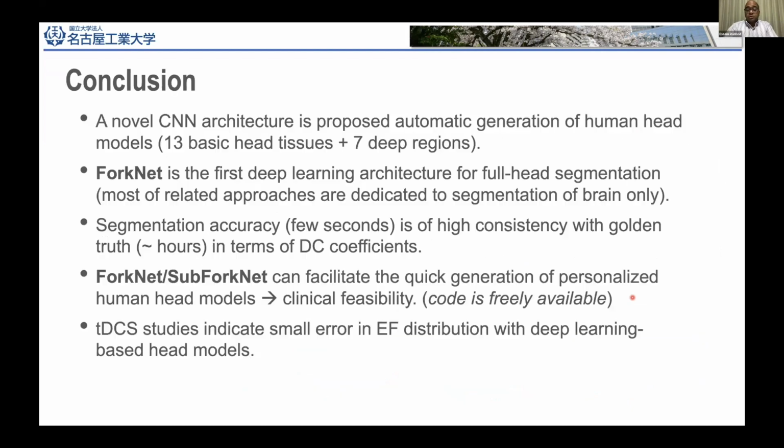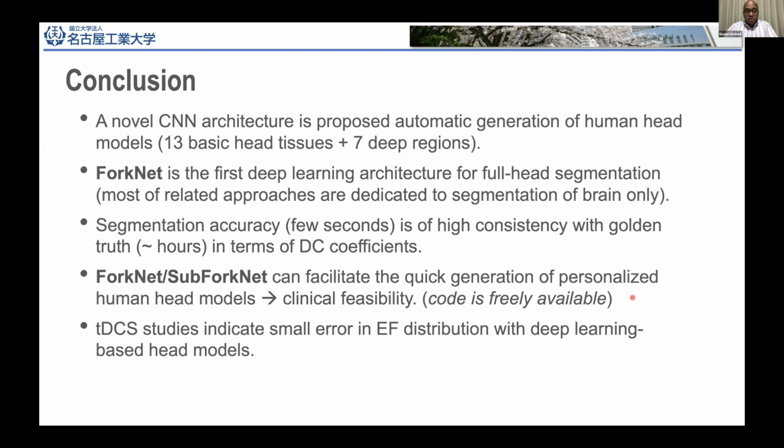To conclude, we have developed a CNN architecture for automatic generation of human head models. We have segmented 13 basic head tissues and 7 deep regions.